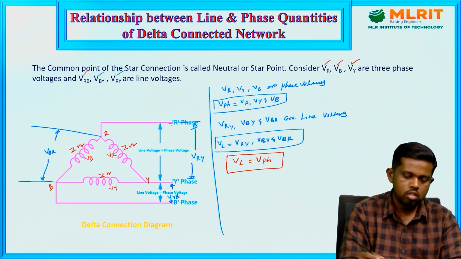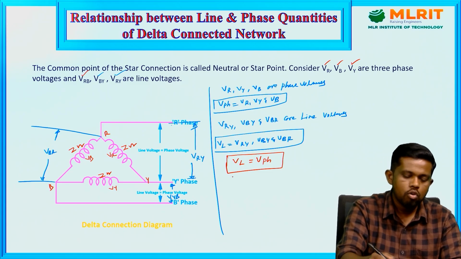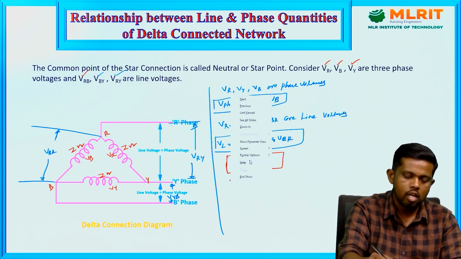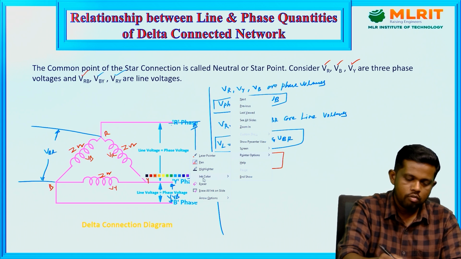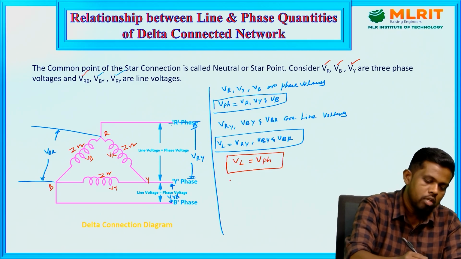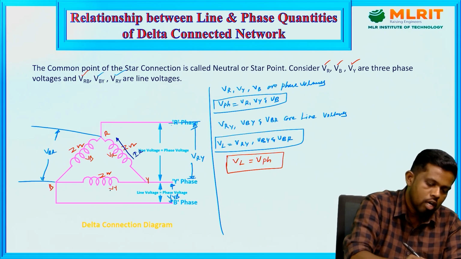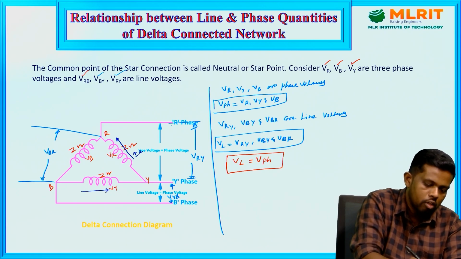Now we will consider the currents in each and every phase. For that we need to identify the current in each phase. First, the current in the R phase acts like a source. The current delivered from the R phase is IR, and this current is IY, away from the coil or away from the phase.